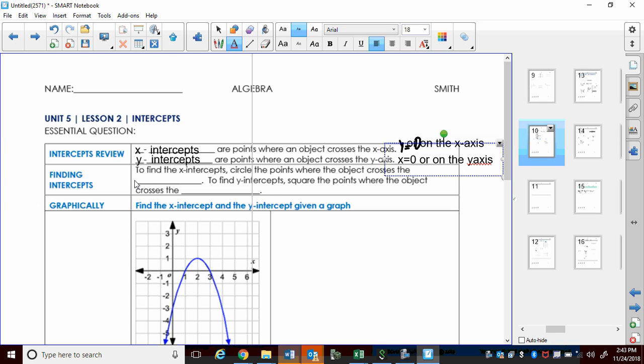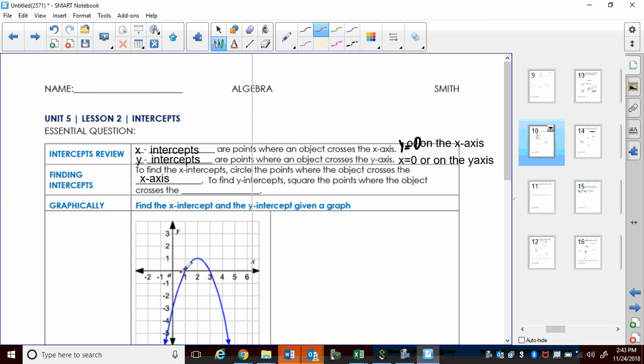Right? So, to find x-intercepts, circle the points where the object crosses the x-axis. So we're going to go to the graph, the curve below, and I'm going to highlight those points. There's one and there's one.